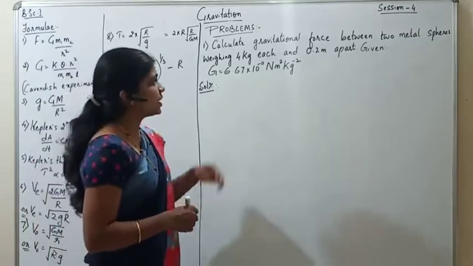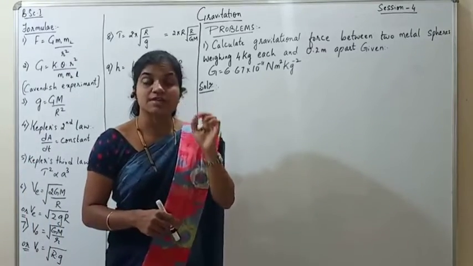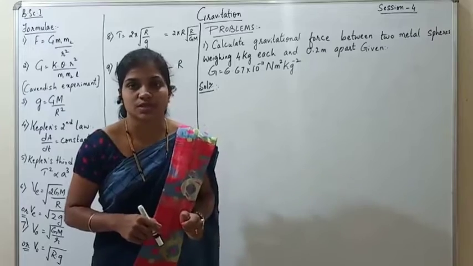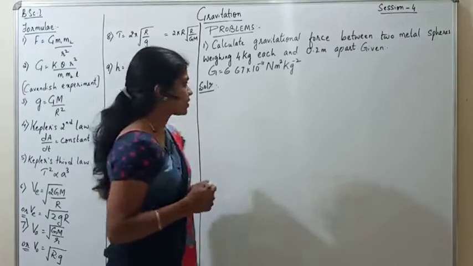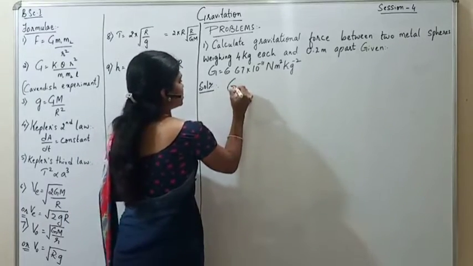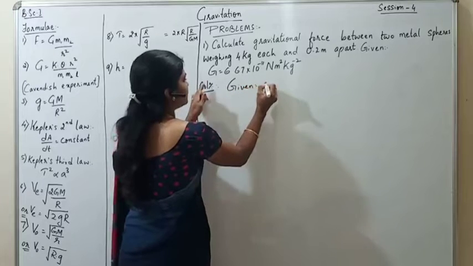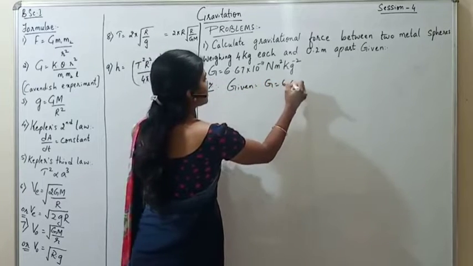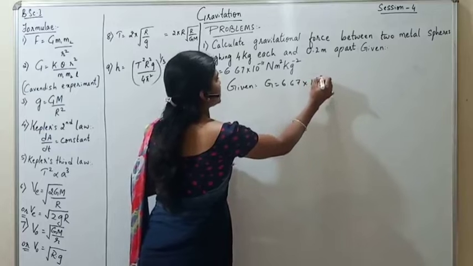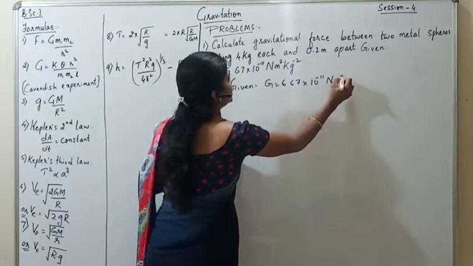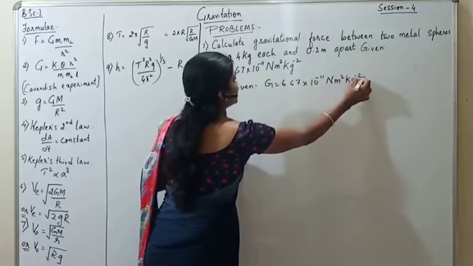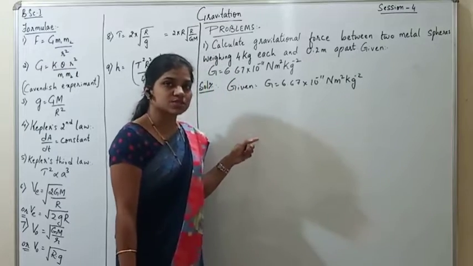So firstly, what we have to do here is write down the given quantities and what is asked. So what are the given quantities? G is equal to 6.67 into 10 raised to minus 11 Newton meter square per kg square. So this is given to us.